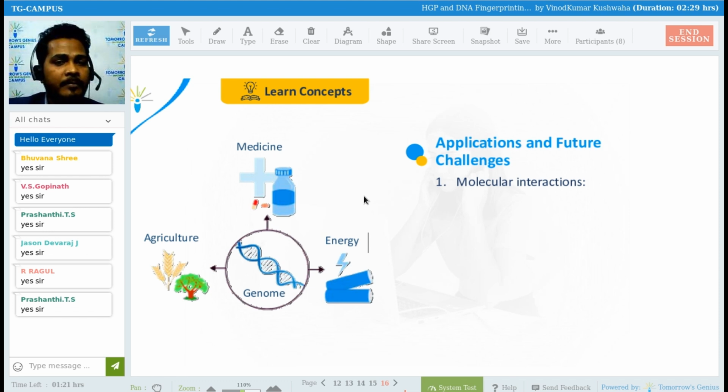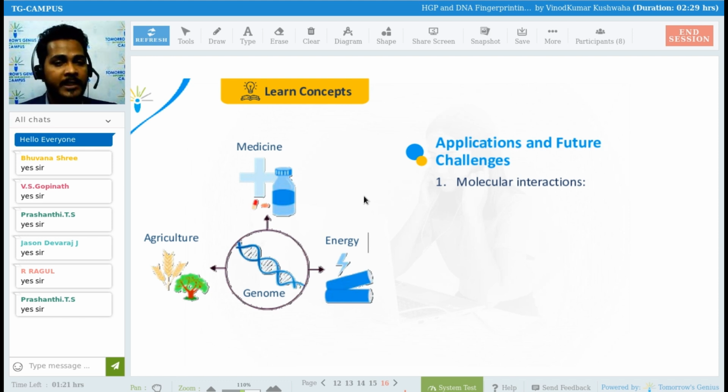Molecular interaction means all the genes in the genome can be studied to understand how they work together in an interconnected network. It means how one organism is interconnected with other organisms. So to understand this behavior, we have to go for molecular interactions.